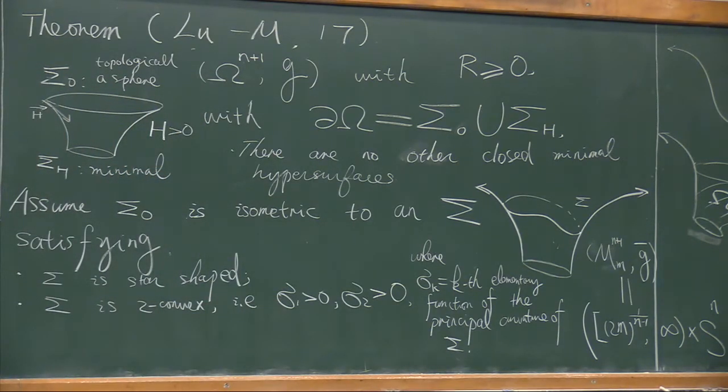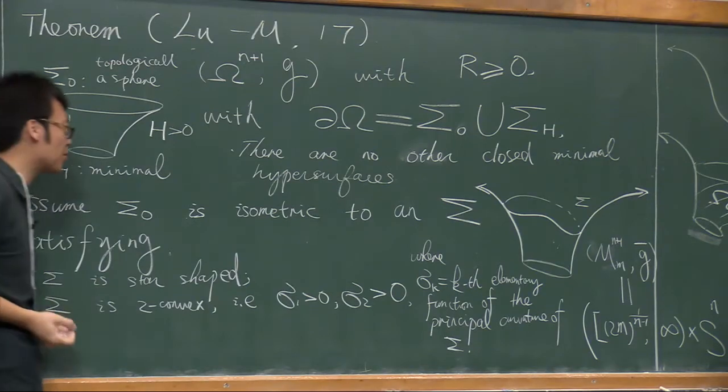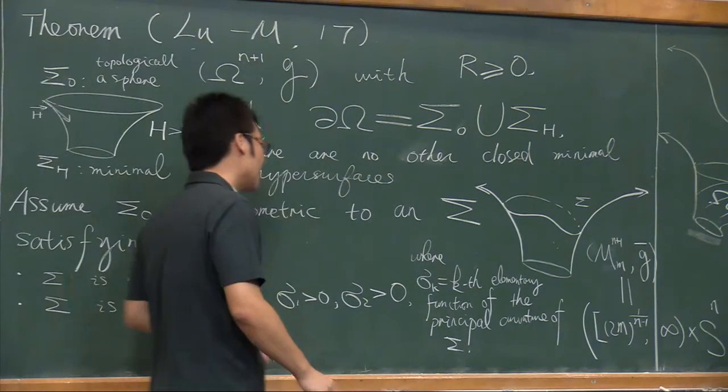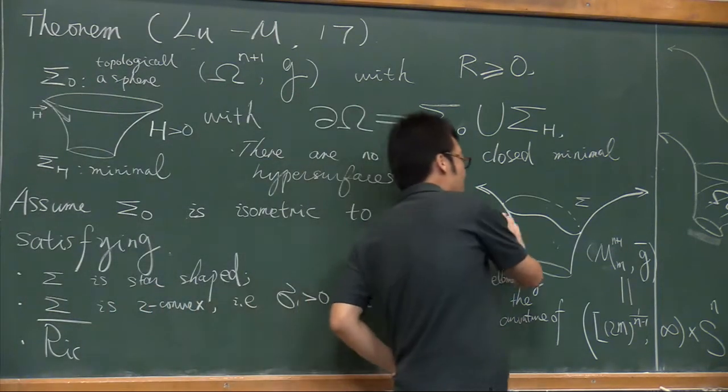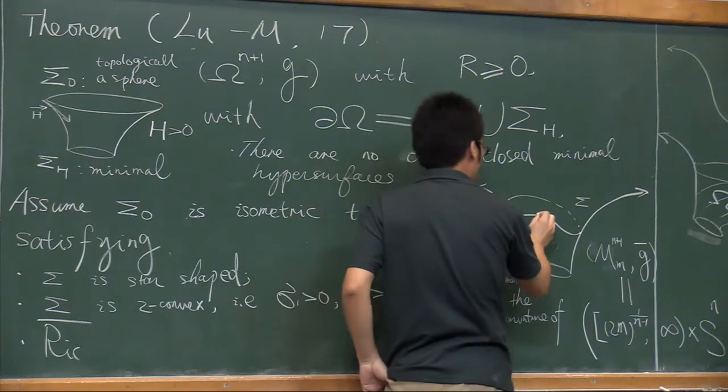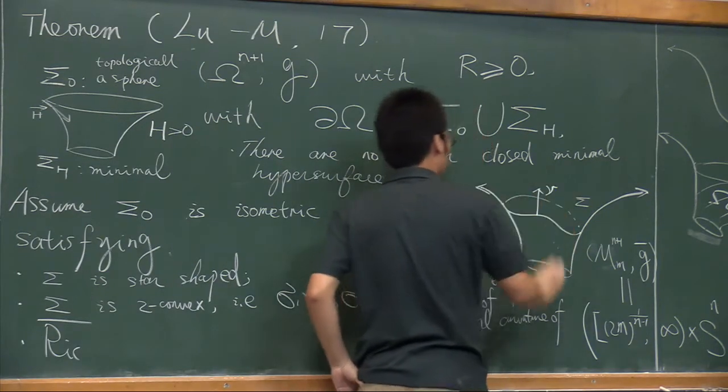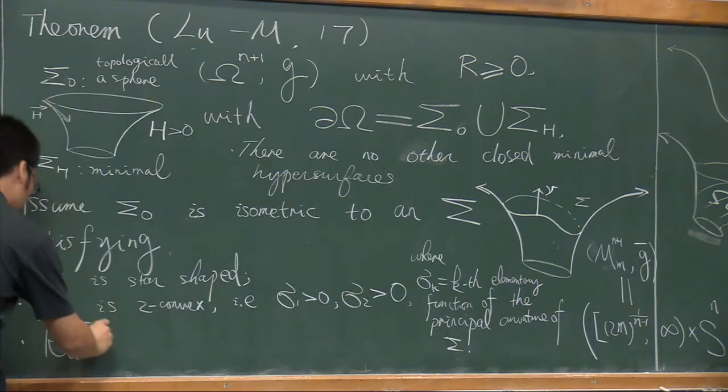So that's a convexity assumption imposed on sigma. And moreover, we need an extra assumption. That is, we want the Ricci curvature of the ambient metric G bar evaluated along the normal direction to have a sign.